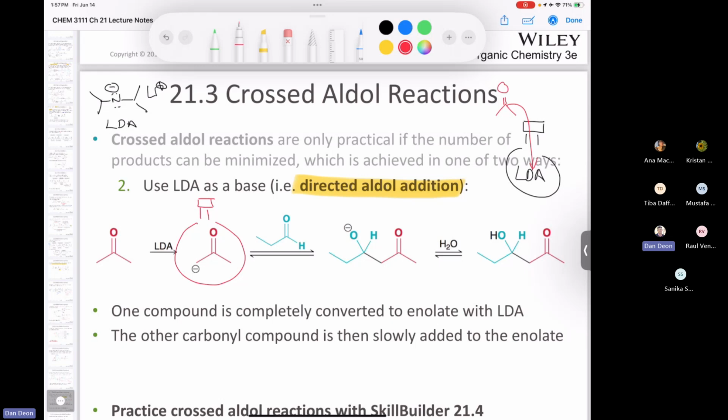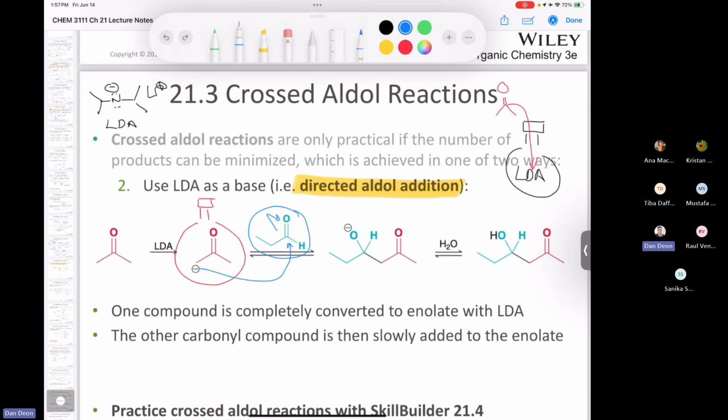Okay, so then you're going to take this compound, I'll use a blue circle, which is propionaldehyde. You're going to put that in a pipette, and you're going to pipette this into here. So as soon as this gets pipetted into the flask, this is going to do a nucleophilic attack on that, and then you get this intermediate here. You add water, and you end up with your aldol addition product.